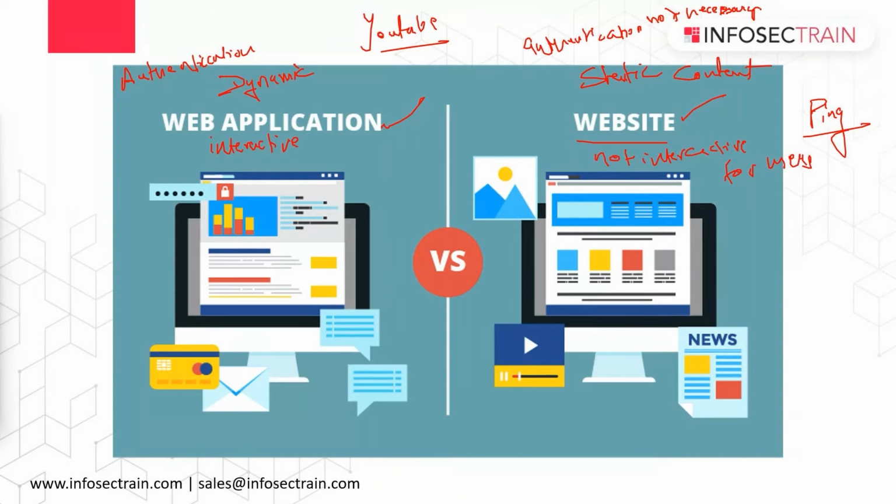It can be username and password based authentication, it can be key based authentication, it can be anything, right? In web applications, you sometimes just have to enter your username and password, or two-factor authentication is also there, where you enter your username and password and also give the OTP, right?